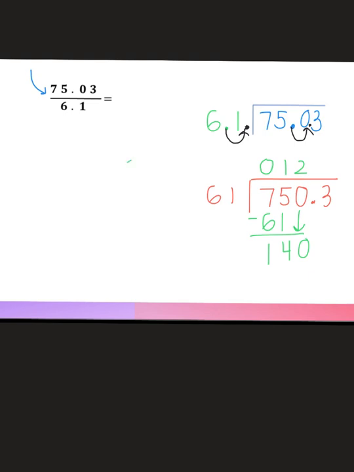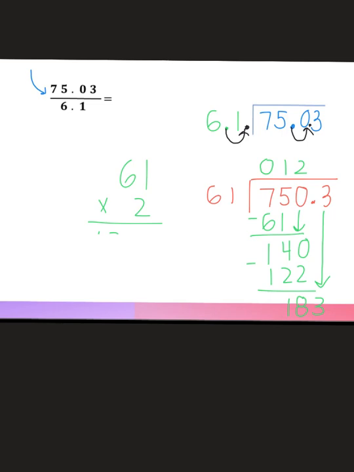So if I did that, 61 times 2, well, 2 times 1 is 2. 2 times 6 is 12, so 122. So under 140, I'll subtract 122, and I would be left with 18. Drop your 3. All right, so I'm left with 183.